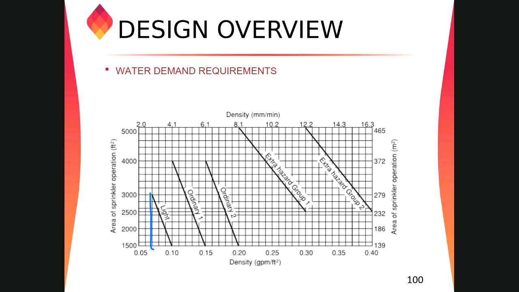So if I have, for example, 4,000 square feet light hazard, which one do I use? How much will it be? If it is 4000 square feet, try to use 0.10. No, for the 4000, the best one for you will be 0.05. Take the value at 0.05.